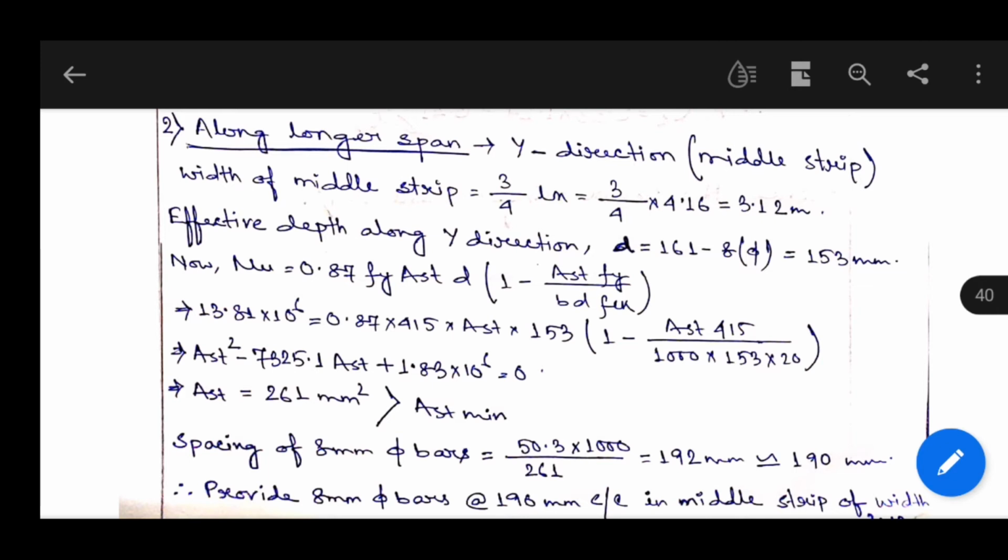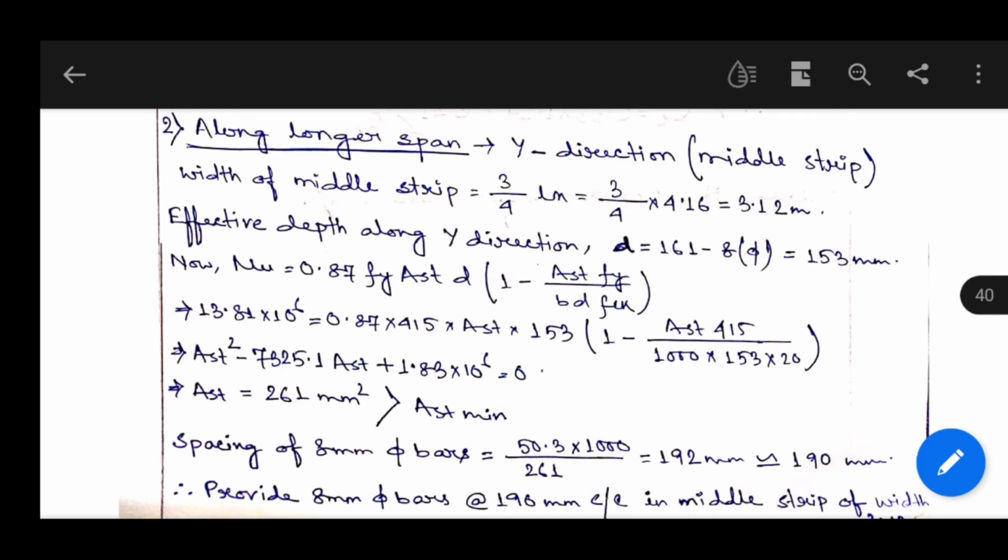So when the y direction span is in consideration, definitely the diameter of one bar through x direction which is provided will be deducted. That's why the diameter of bar 8 is deducted from the effective depth. Okay, so the depth for y direction is 153 mm.